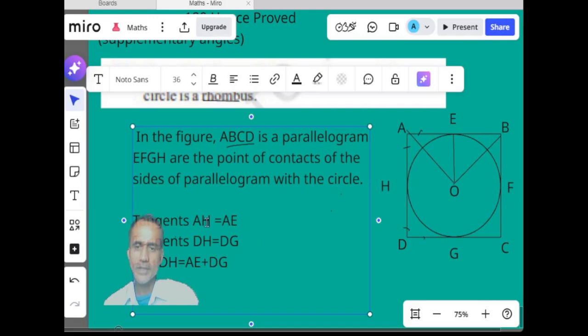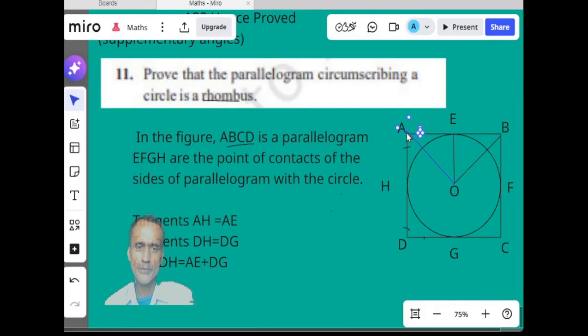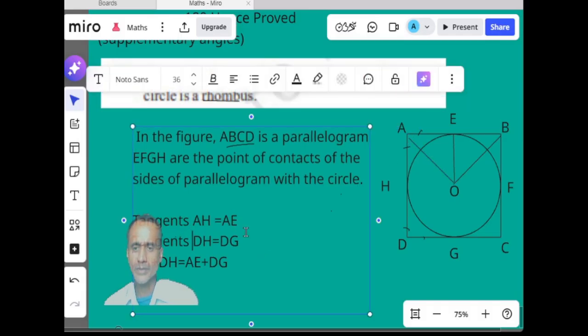We need to write the equation in the correct way. AH plus DH is equal to AD. So we get AD is equal to AE plus DG.